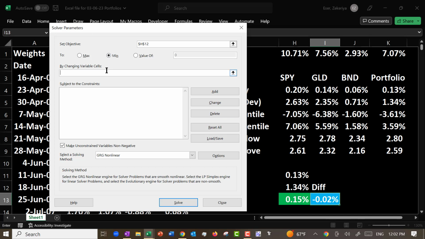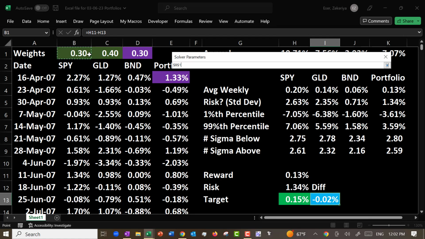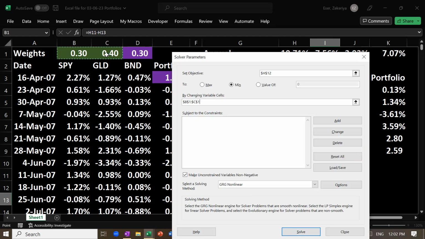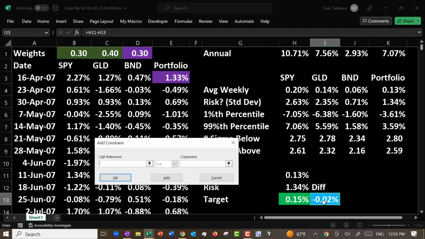Are there any constraints? Yes. I want this cell, which is the difference between the actual return and my target return, to be equal to 0. I could also say greater than or equal to 0, but no, I'm going to say equal to 0.